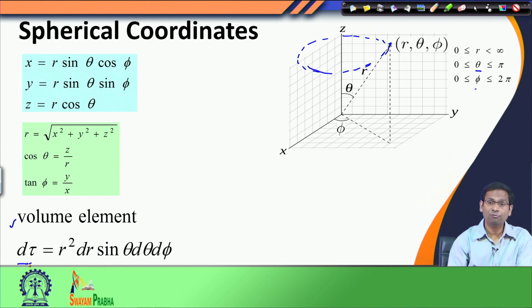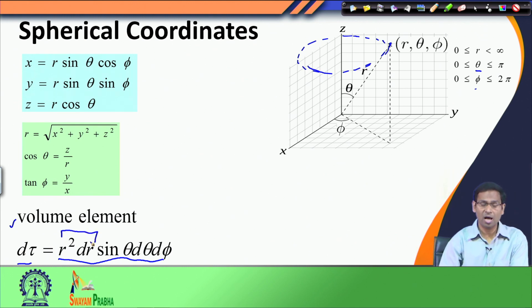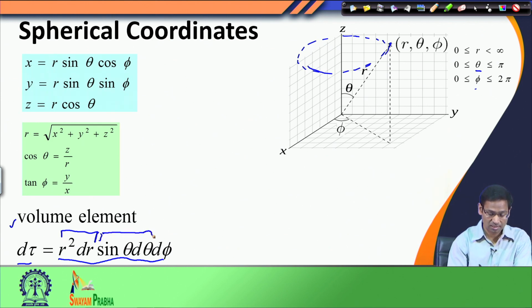This d tau volume element in Cartesian coordinates converts to a particular form in spherical coordinates. It is not simply dx dy dz; rather, for r I have r square dr, for the theta coordinate I have sin theta d theta, and for the phi coordinate I simply have d phi.